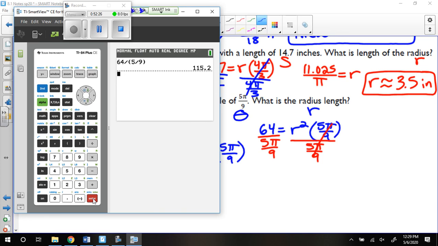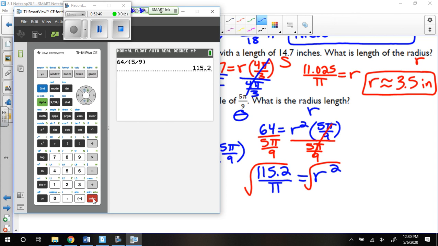Okay, so I have 115.2 over pi, because the pi is still being divided, is equal to r squared. And then I'm going to square root both sides. Now, we're not going to worry about plus or minus because we're talking about length, and length is always positive.